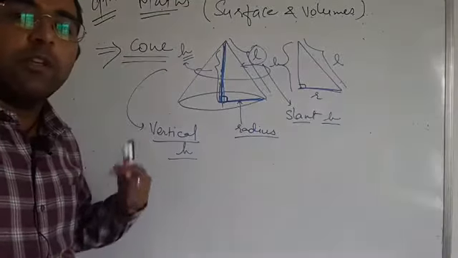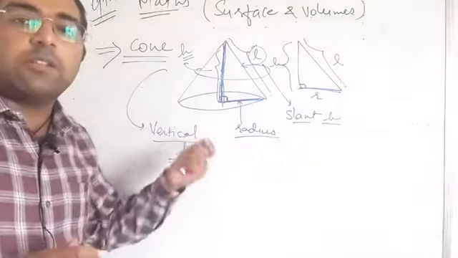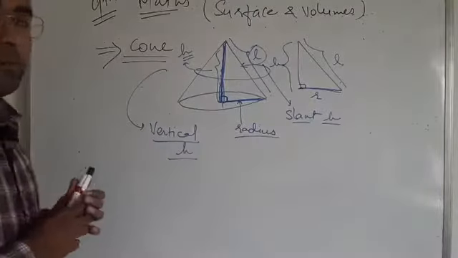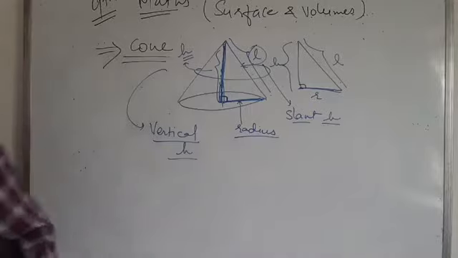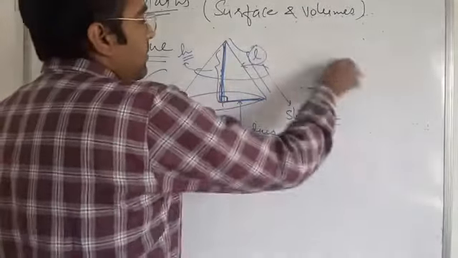Now we are moving on to what is the curved surface area, what is the total surface area, and what is the volume of the cone. For the curved surface area, we take only the curved part of the cone.